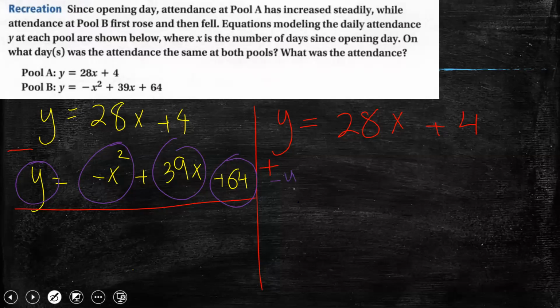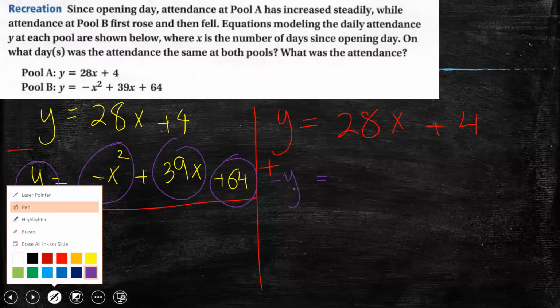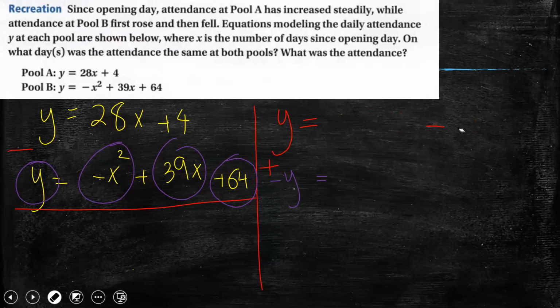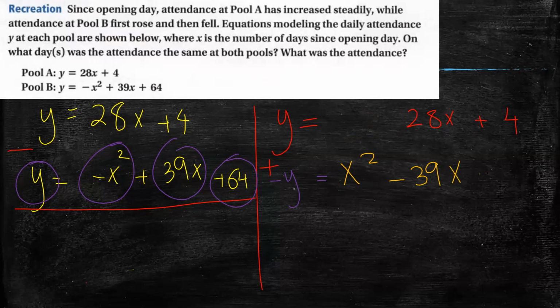I get negative y, and I arrange them in order: 28x plus 4, and x squared, negative 39x, negative 64.